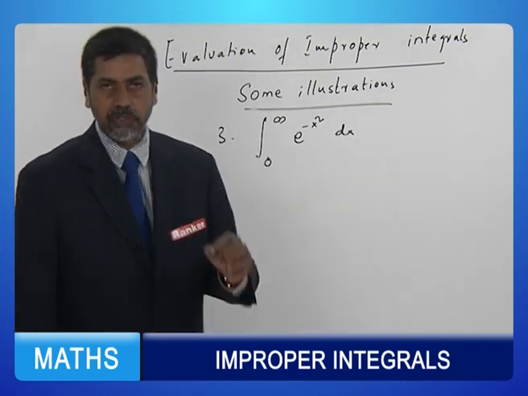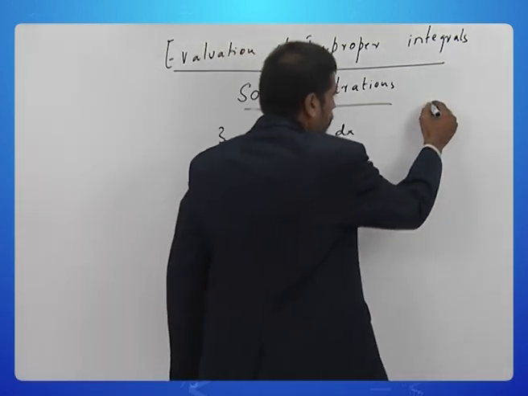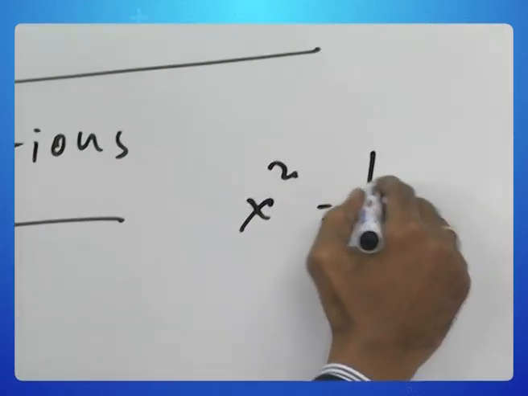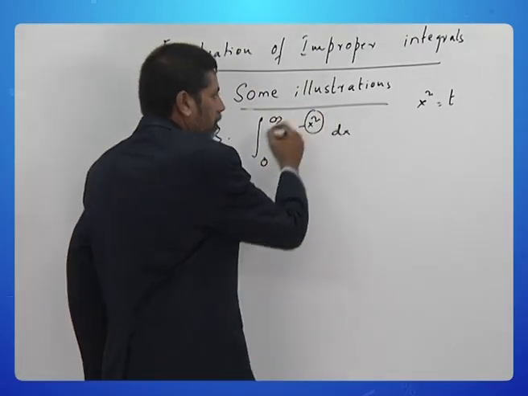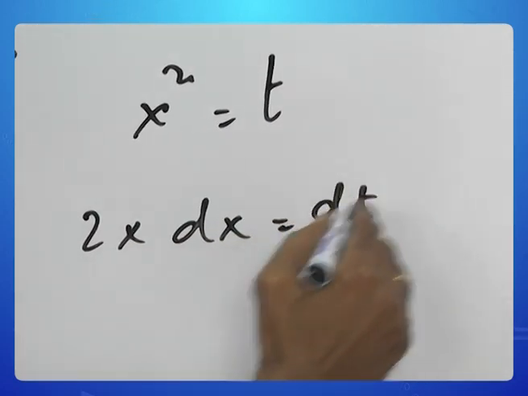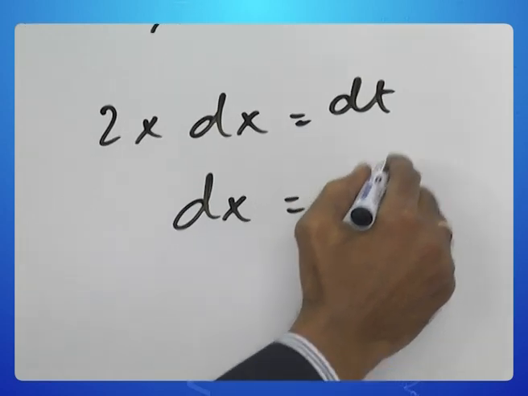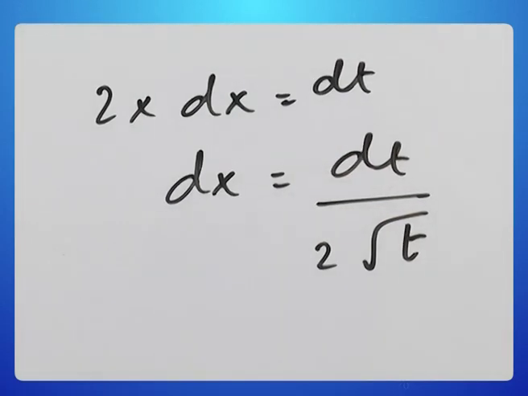So what you do is you simply require a substitution. Let us introduce x square is equal to t as a substitution. So 2x dx is dt. So dx will be dt by twice square root of t.